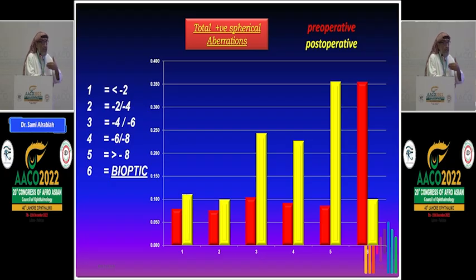So we will say increased positivity of spherical aberration. We need that sometimes, but we need to reduce it down. The more you reduce it to the surface, the better the quality, especially at night. And that's why here, the spherical aberration goes higher and higher and higher. And then with the second step, it shoots even better than the first.